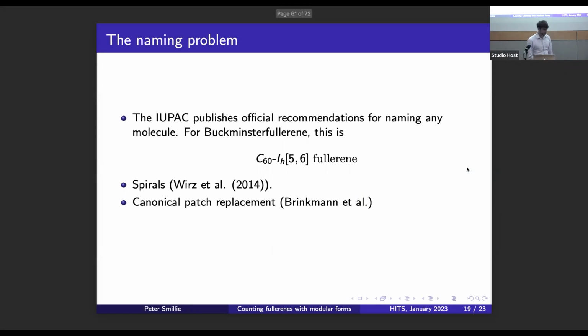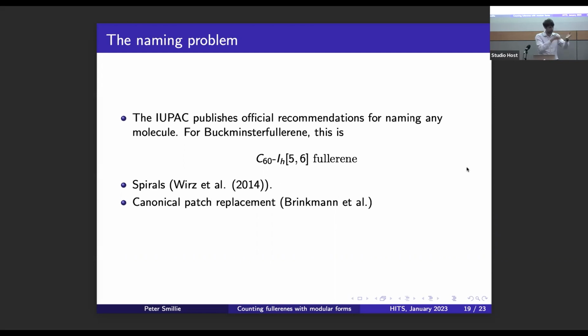Oh, sorry, but both of these have a sort of conceptual problem to me, which is maybe easiest to talk about in terms of C2 ejections. This is a small perturbation of a fullerene, which is chemically relevant, but it can change the name a lot. Especially it's easy to see with a phase spiral. If you perturb two little things down here, that can just throw your naming all out of whack.